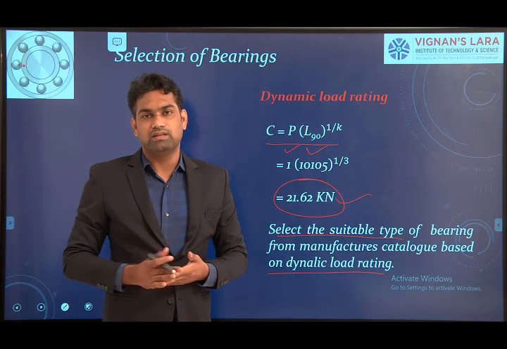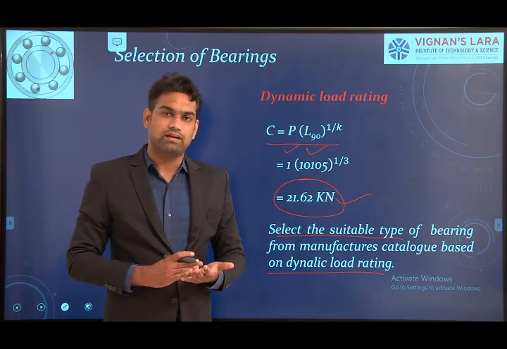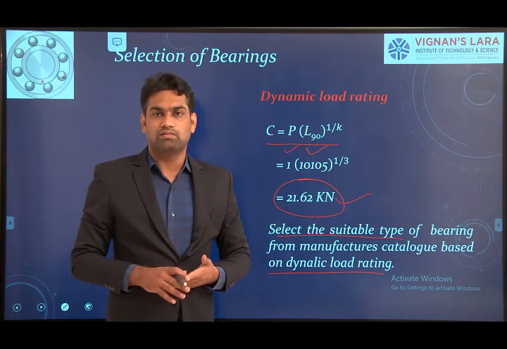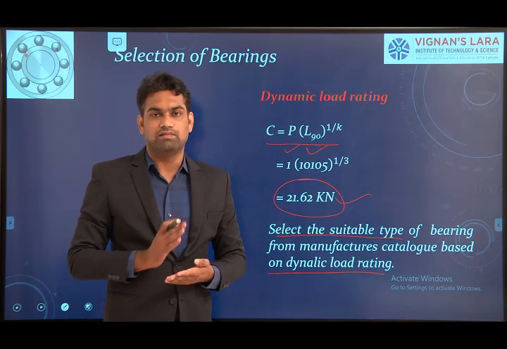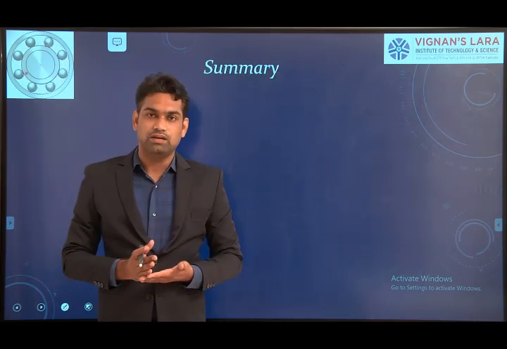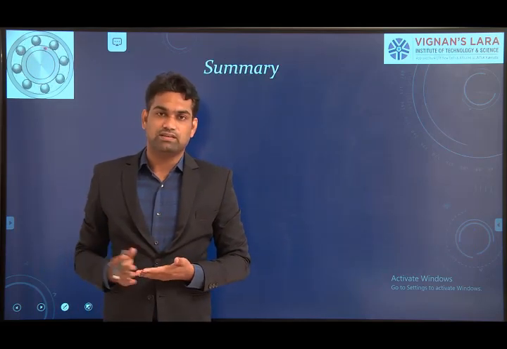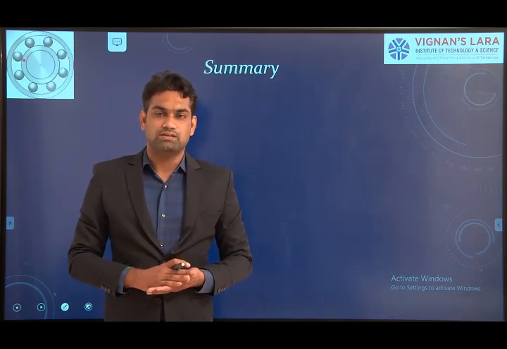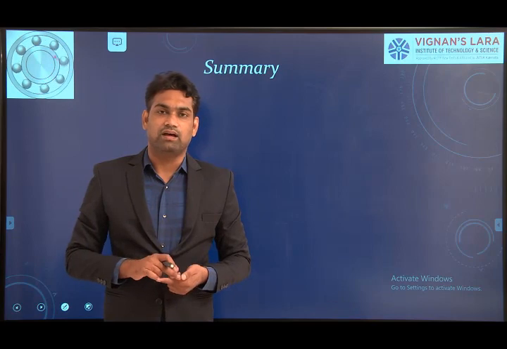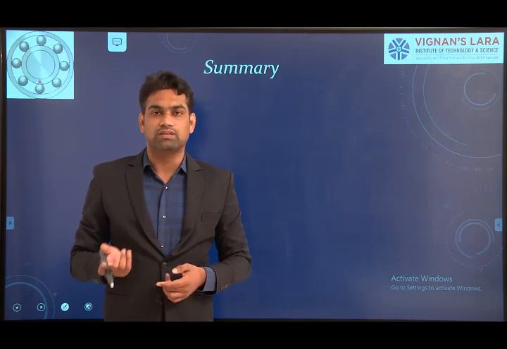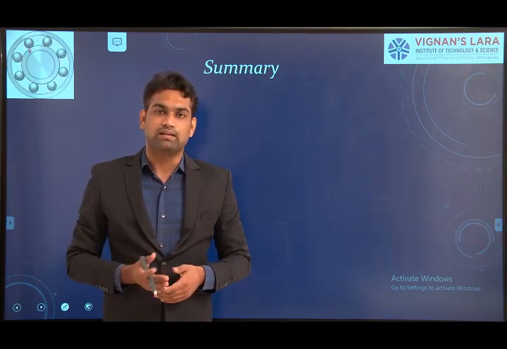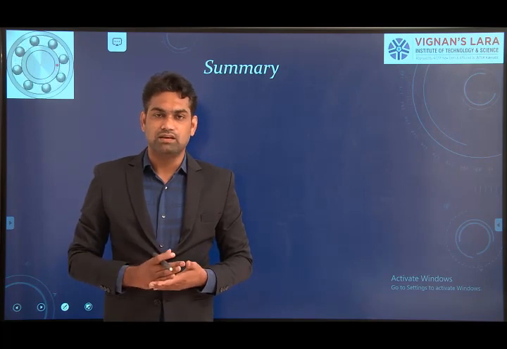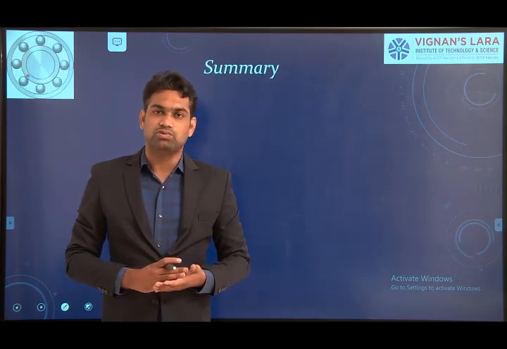The only thing we need to follow here is to calculate the equivalent load corresponding to the variable load conditions, that is P1, P2, P3. In that fashion we calculate the equivalent load for the variable load conditions, and if the life is given at other than 90, we can go with the Weibull equation to calculate the life at 90. Finally we need to calculate C to select the bearing.